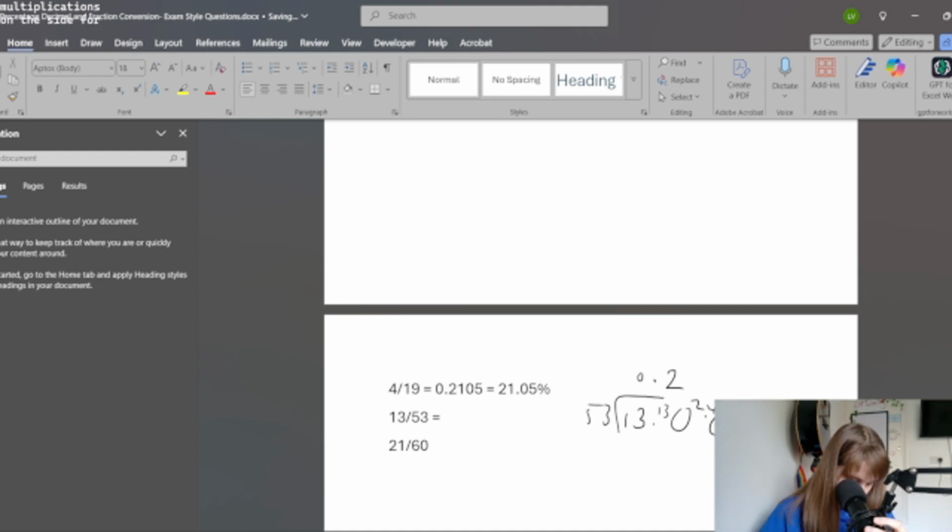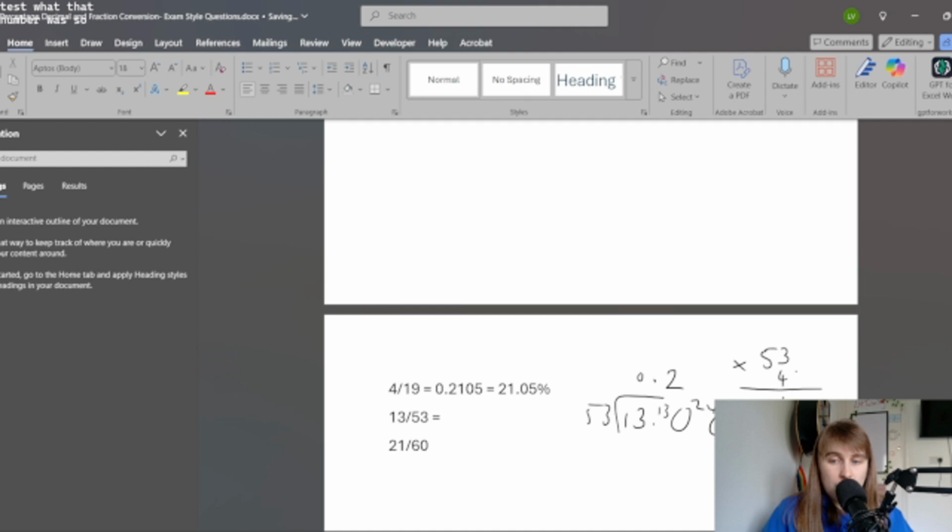For this one, I made an educated guess: there's probably about 4 53s in 240, because 53 is close to 50. I know that into 200 there are 4 50s. If I had another 50, it would be too big for this number. So 3 isn't going to bring it over by that much. So I did a little multiplication on the side just to test what that number was.